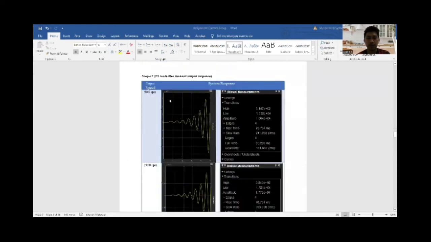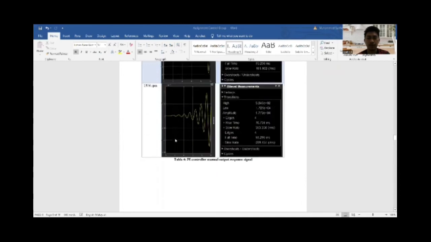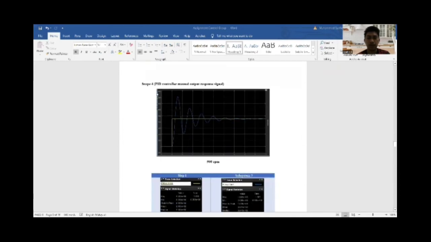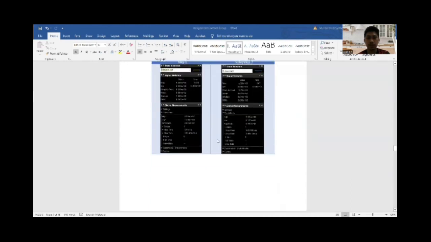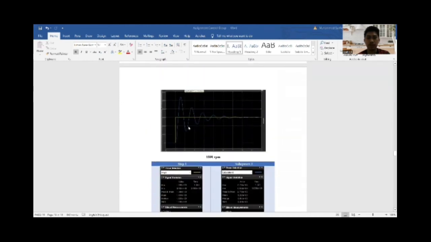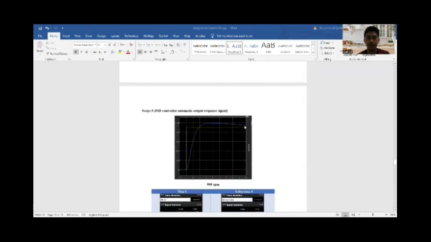And here is the graph for the PI controller manual output response, with input speeds of 900 RPM and 1500 RPM. Then this graph is for the PID controller manual output response. This one is for 900 RPM, this is the graph and these are the specifications. And this graph is for 1400 RPM, with its specifications here.